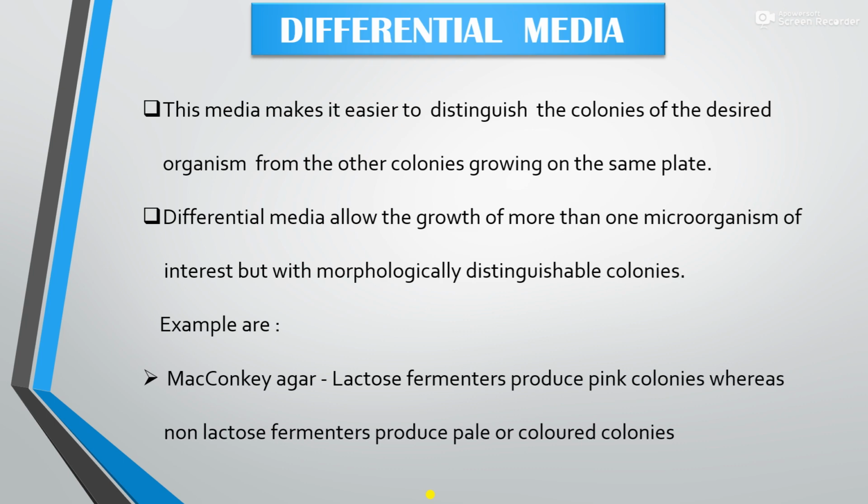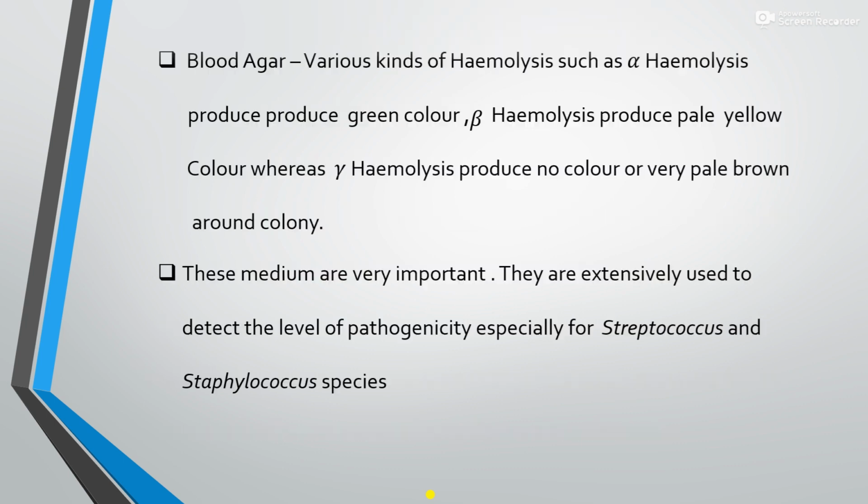Either the colonies are of different color, or there may be many factors by which we can tentatively differentiate between the different microorganisms grown on the plate, such as MacConkey, which is also a differential media because the lactose fermenters produce pink color, whereas the non-lactose fermenters do not produce any color.